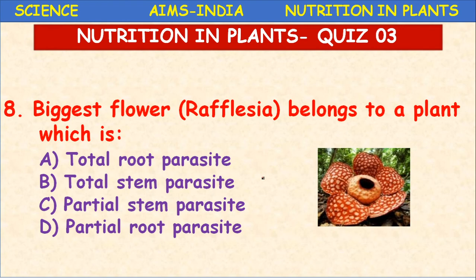Rafflesia is the biggest flower in the world, with very heavy weight and a very big size. It is a root parasite, no doubt. So you have to select from option A and D, total root parasite or partial root parasite. It is a total root parasite.